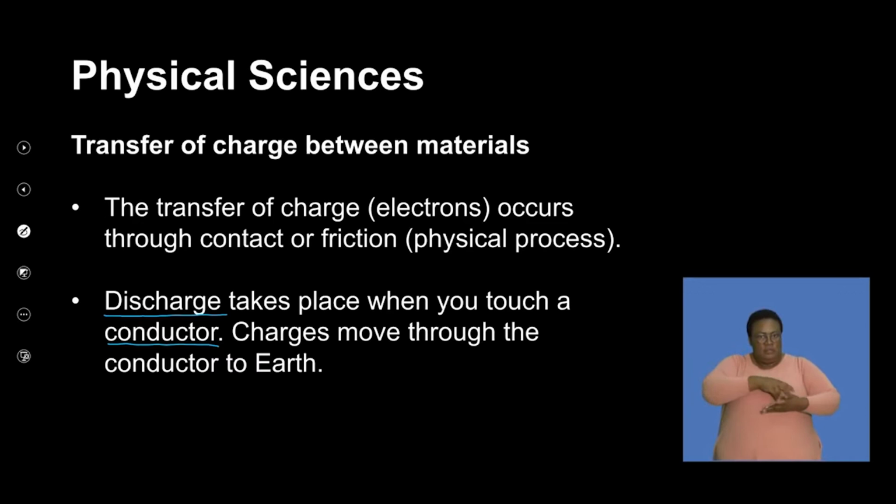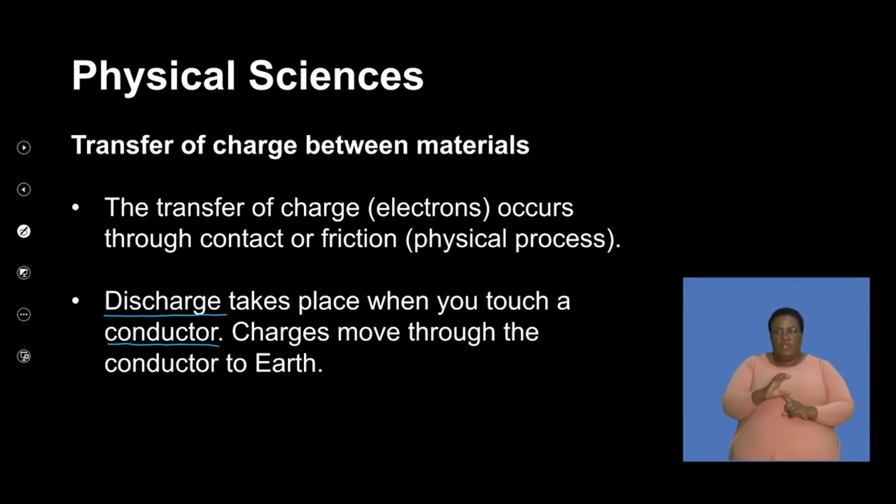Charge was transferred from one material to the next. The one that acquired the negative electrons became negatively charged, while the one that lost became positively charged. So in essence, John acquires a negative charge because electrons were transferred from the mat to John, while the carpet itself got positively charged.